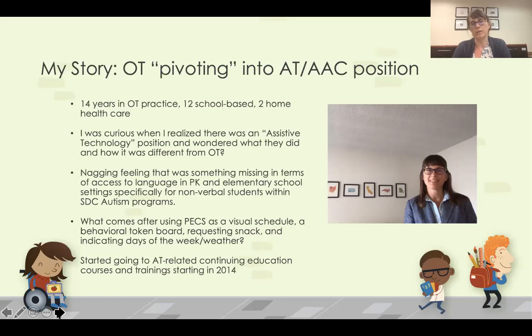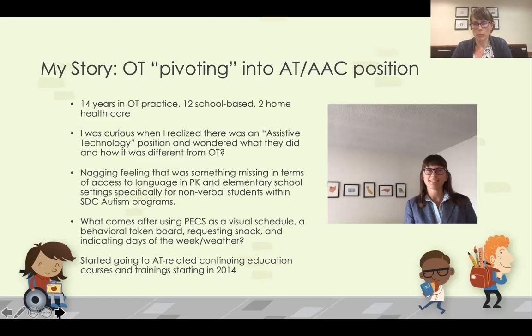And those were the three main things I would see, and I would try to do something else. I'm like, actually, I guess I can't do anything else. It's the only thing the student can do is request snack or request an activity. But I'm not a speech therapist, so I didn't really know why I was thinking that. So those were the two avenues that kind of got me going.